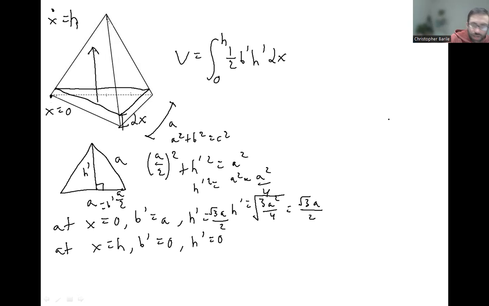And so what we can use is our favorite expression, y equals mx plus b. Here we're varying x, going from 0 to h, and we're looking at how b prime or h prime varies, so that's our y.